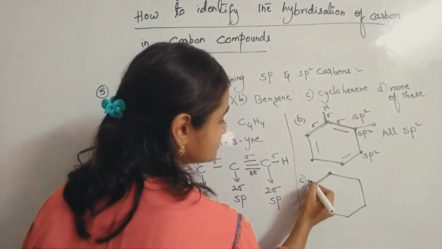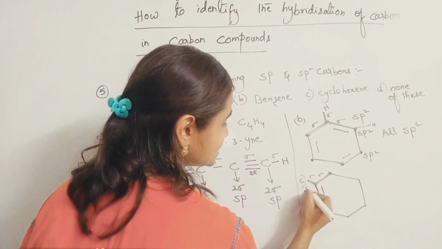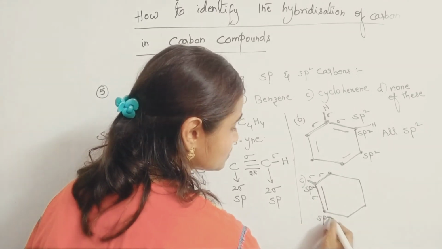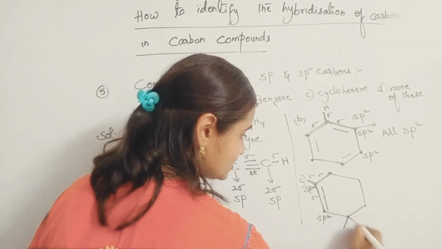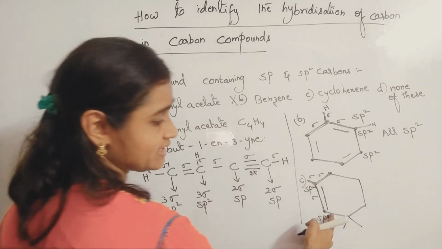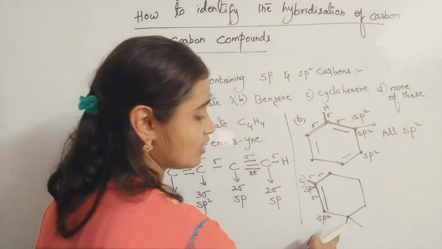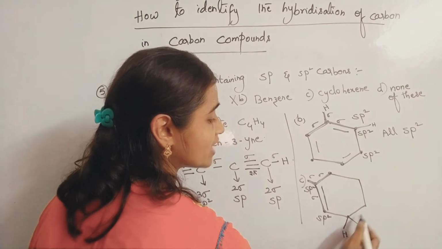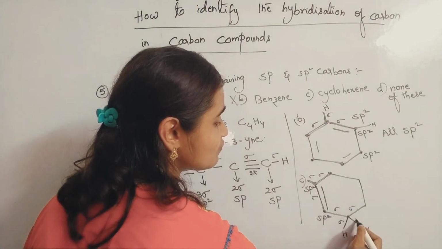So 1, 2, 3 sigma bonds are there, so it is sp2. This one is also sp2. But this one has to form bonds with 2 more hydrogens because tetravalency is not satisfied. With 2 more hydrogens, all 4 sigma bonds are there.